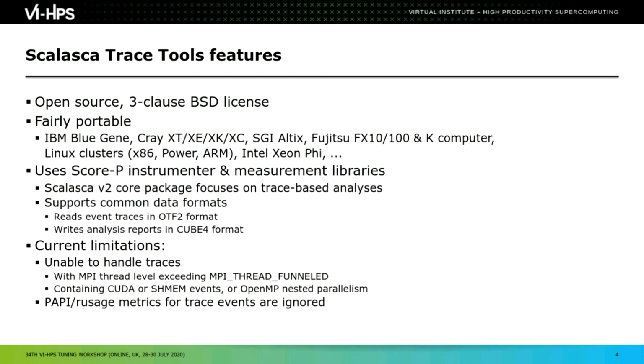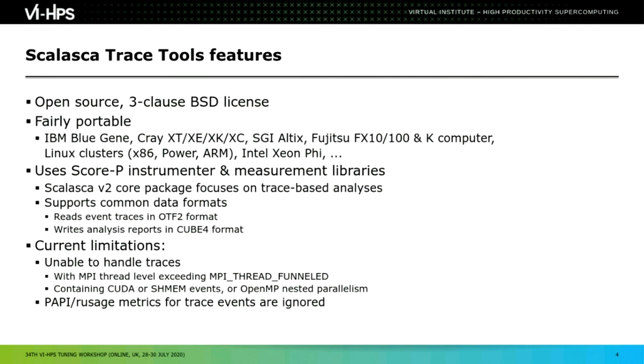It's open source, like Score-P, with the 3-clause BSD open source license, portable to the same systems as Score-P, and it complements what Score-P is able to provide in terms of instrumentation and measurement capabilities. We already saw the Cube presentation and analysis capabilities, which we're exploiting as well.